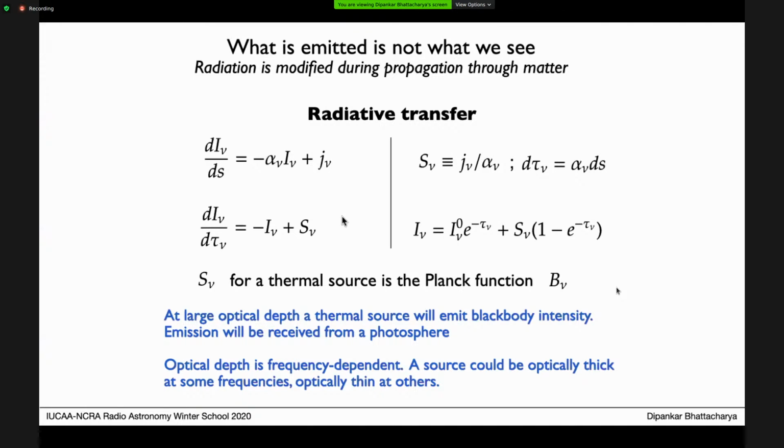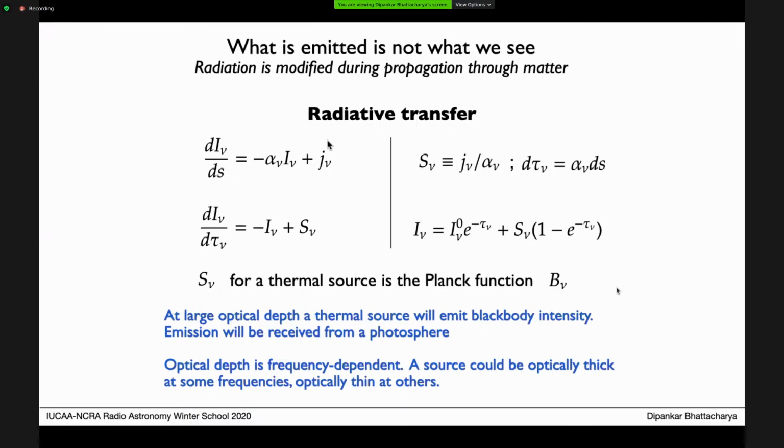To describe this, we use a formalism called radiative transfer. In this formalism, we introduce a couple of other quantities. One is J nu, or the emission coefficient. This is the amount of radiation produced per unit volume of material, per unit solid angle, per unit time.